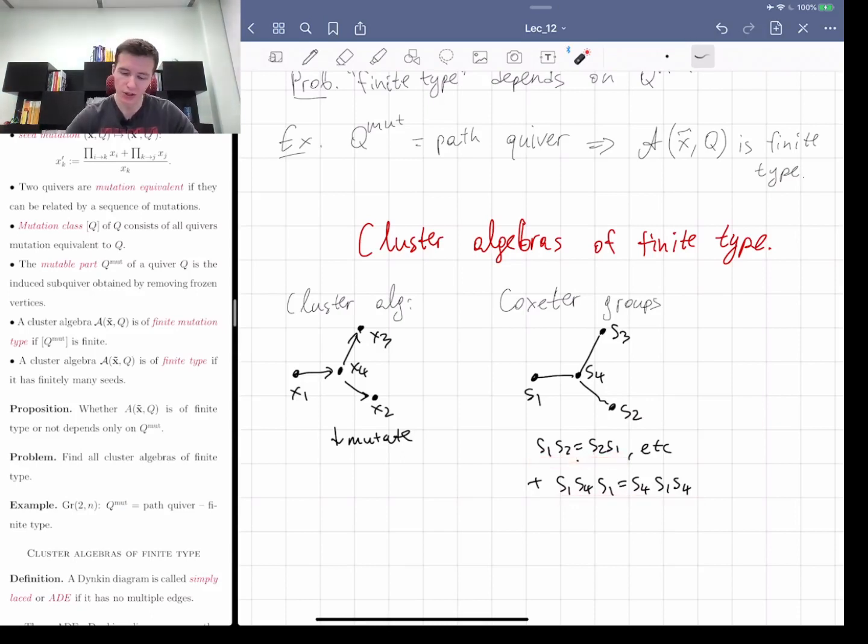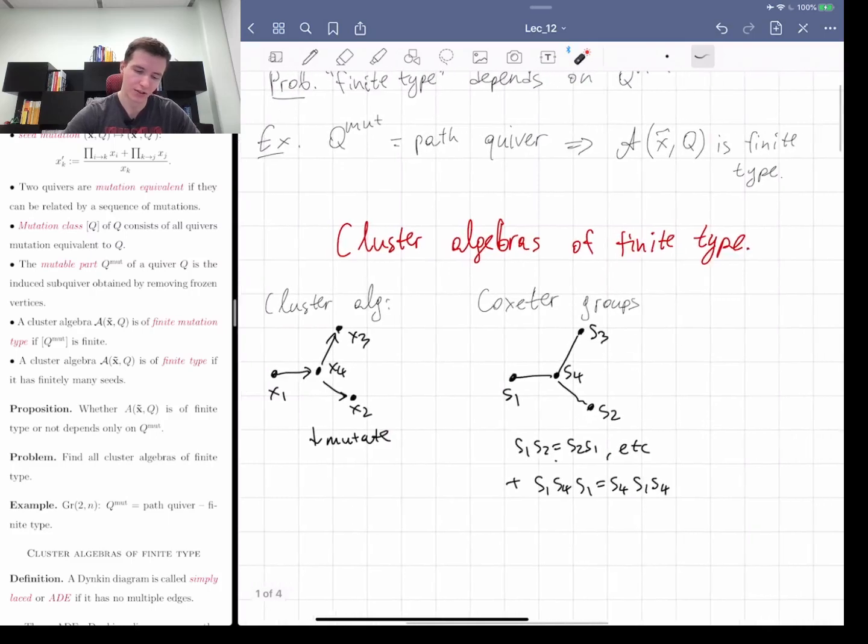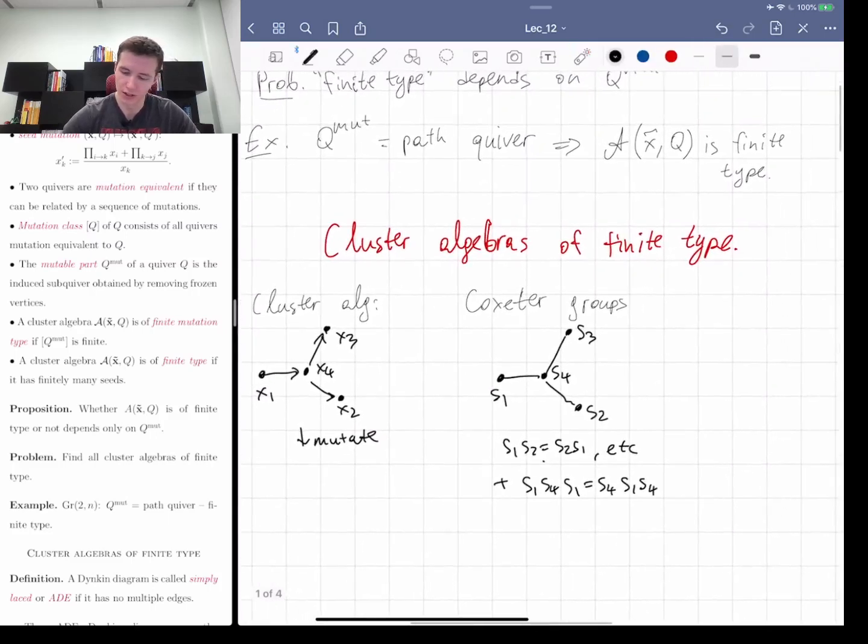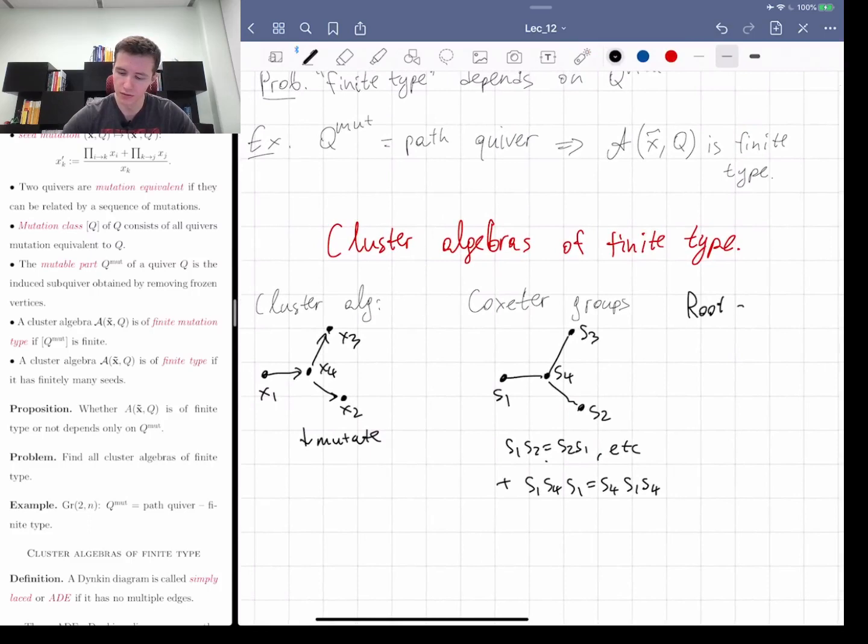And so you can ask the question, is there going to be finitely many elements in the Coxeter group or not? And last lecture I explained that for this particular graph there is going to be finitely many, because this is the Coxeter group of type D4. And finally there are kind of related objects, these root systems, where originally you start with some vectors in some space, and then you ask for some symmetry conditions, though you can eventually arrive at Dynkin diagrams.